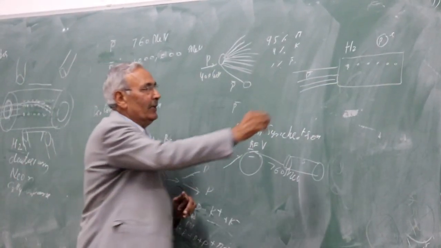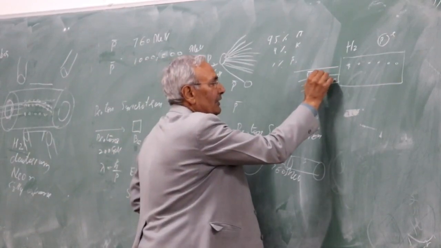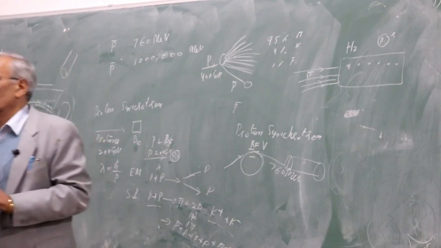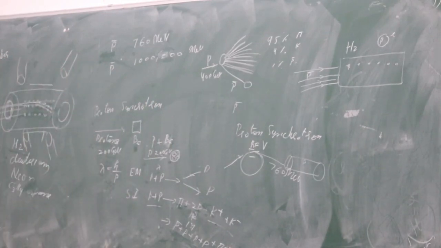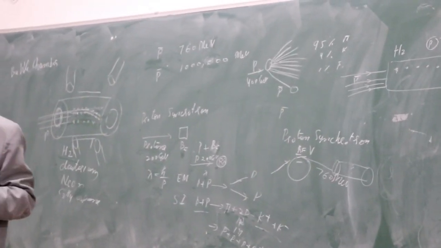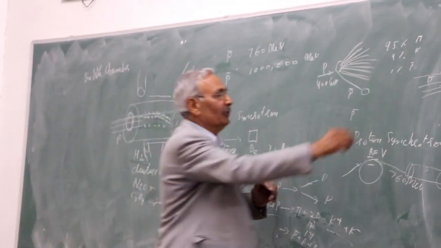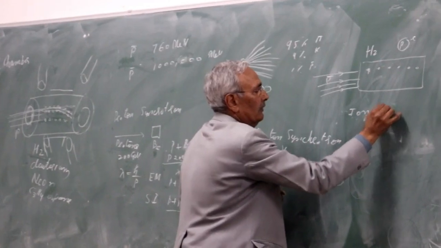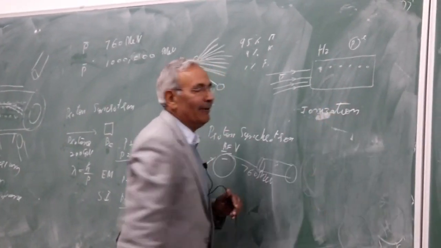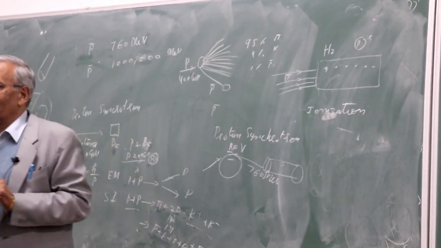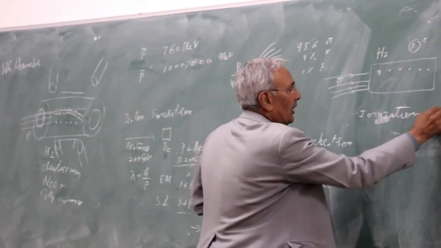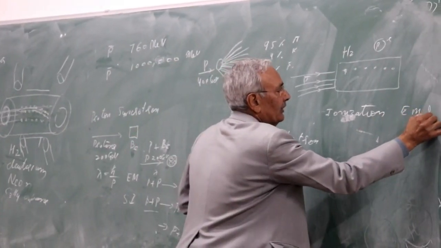So now what do you want to do? You are interested in finding out how this antiproton interacts with a proton, because you have hydrogen atoms over here. One possibility is this ionization. Bubble formation is due to the ionization process, that is your Coulombic interaction, and that is your electromagnetic interaction.